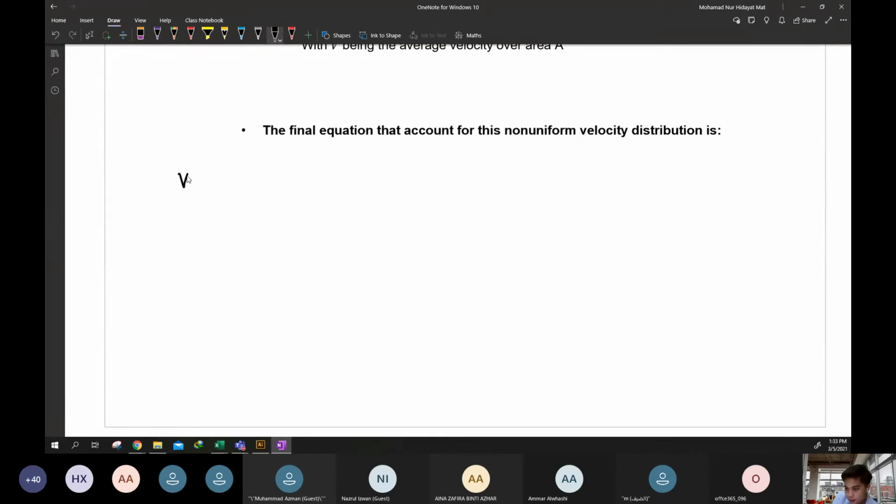V1 squared over 2g plus P1 over gamma plus Z1 plus work of the pump over mg equal to V2 squared over 2g.